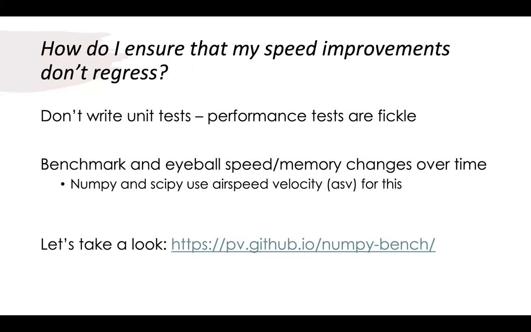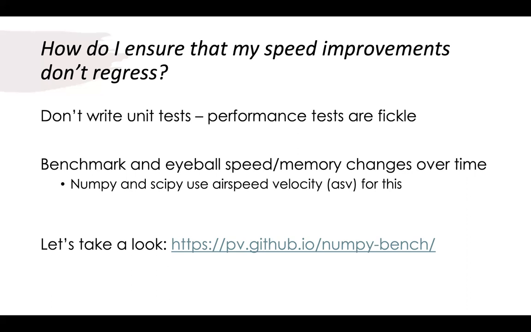You have to set a cutoff at some point, and then you're always dealing with false positives and false negatives, and it's quite a hassle. So in practice, a better approach is to do benchmarking. You keep track of whatever metric you're interested in, speed, memory usage, on different tasks, and you keep track of them as you make commits to your code base, and then you eyeball them and see how they change.